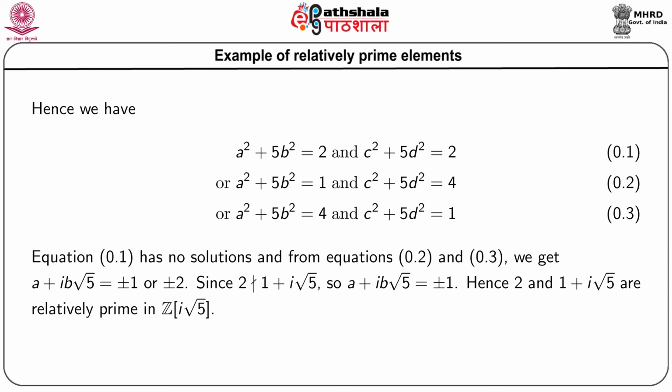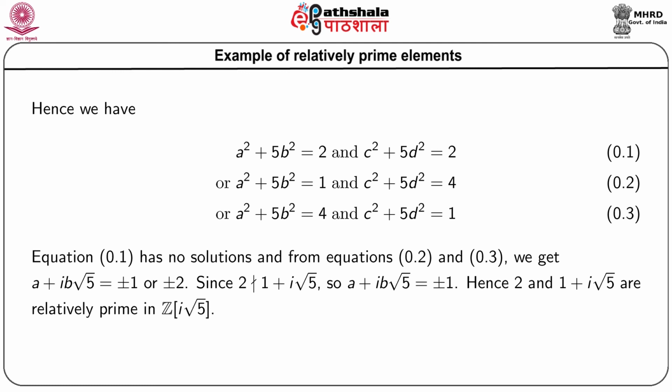But equation 0.1 has no solution in Z, and from equations 0.2 and 0.3 it follows that a plus ib root 5 is either plus minus 1 or plus minus 2.